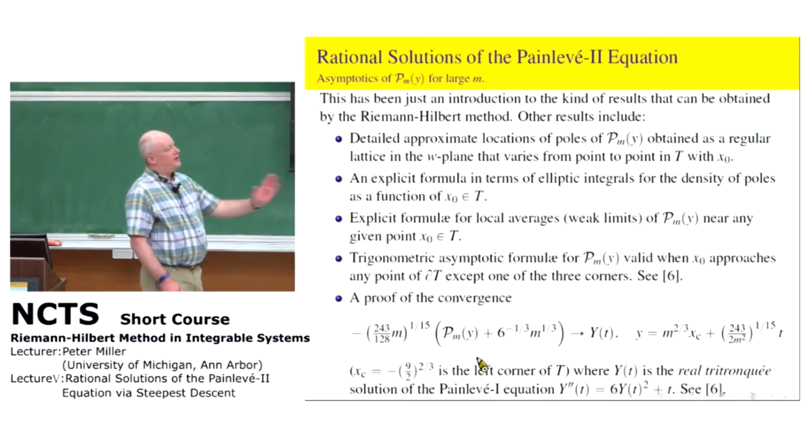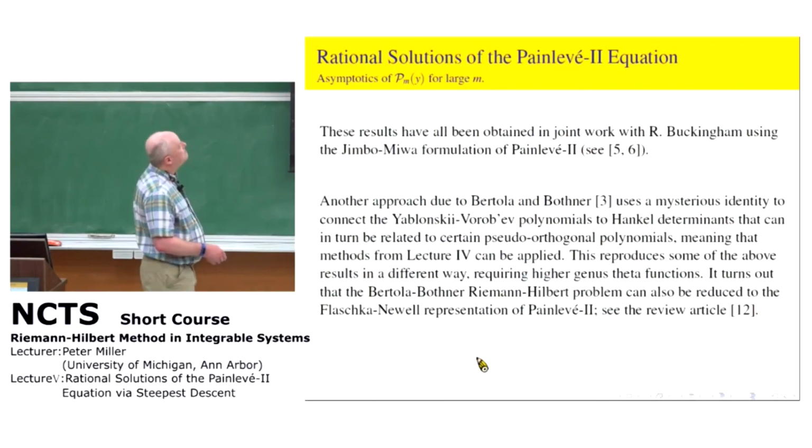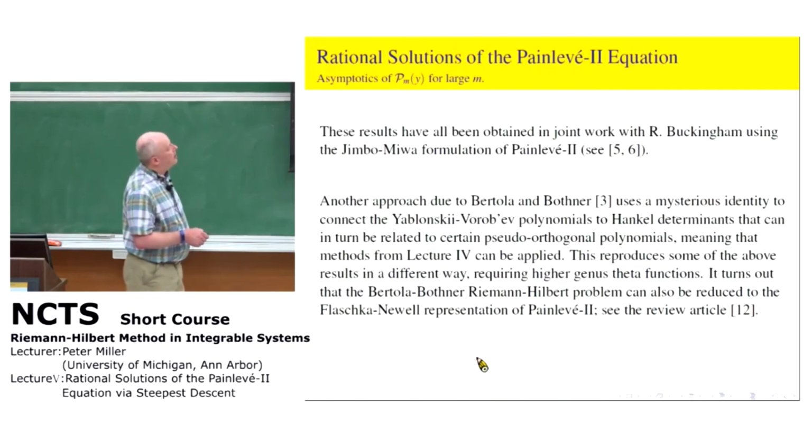And everything else is in this pole sector. That's the triangle part, and that's where the tritronquée has its poles. So that's also in this reference 6. Okay, so all of these results have been obtained in joint work with Buckingham, and we're using, to remind you, the Jimbo-Miwa formulation of the Pendulum-2 equation, and these are the references for those asymptotic results.